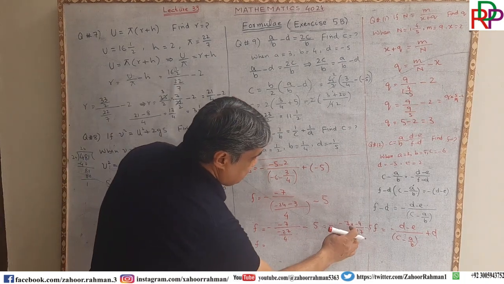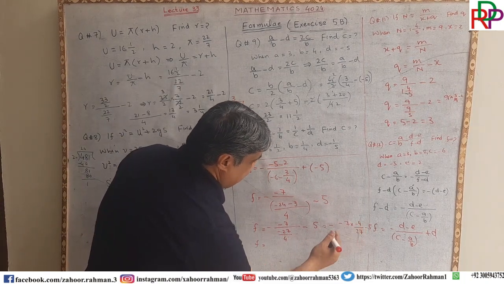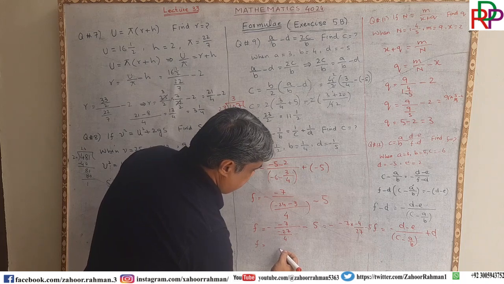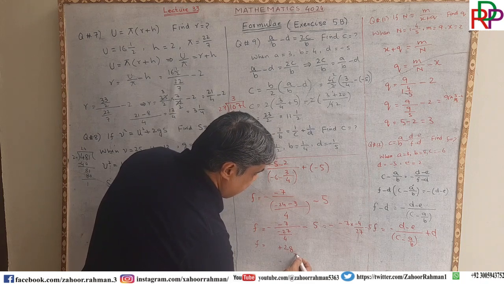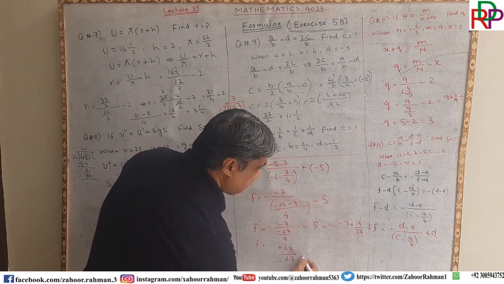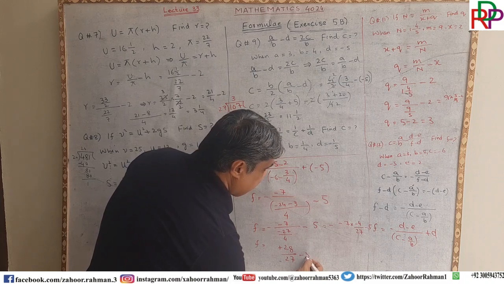Okay, so minus and minus will become plus 28 divided by 27 and minus 5.